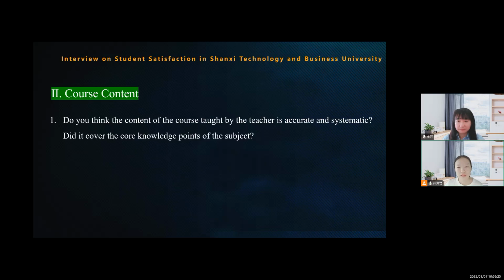The textbook content is only the basis, and the teacher will explain and extend it in combination with actual business scenarios. However, in some emerging business fields and management concepts, the course content is updated relatively slowly.